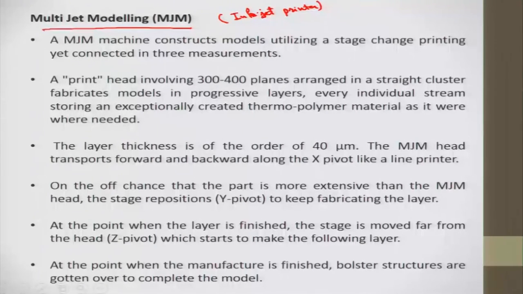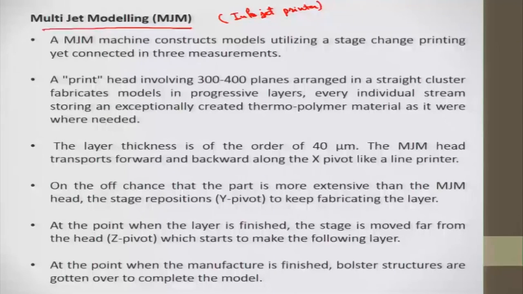Now most of you might have seen how an inkjet printer works. So it has certain jets arranged in a linear array and it does the printing. So this is the same way this process produces a 3D part. Now the multi-jet modeling machine constructs models utilizing phase change printing but applied in 3 dimensions like an inkjet printer here.